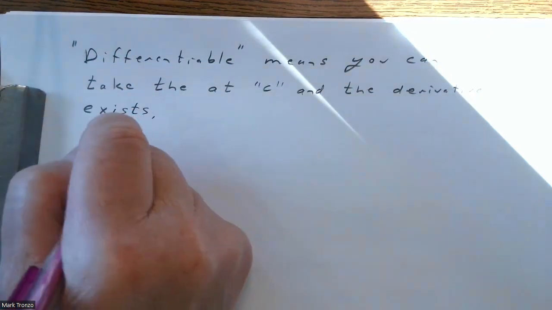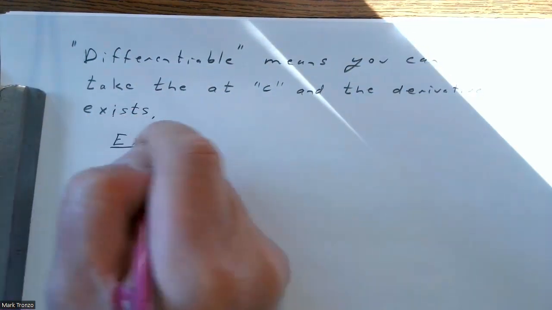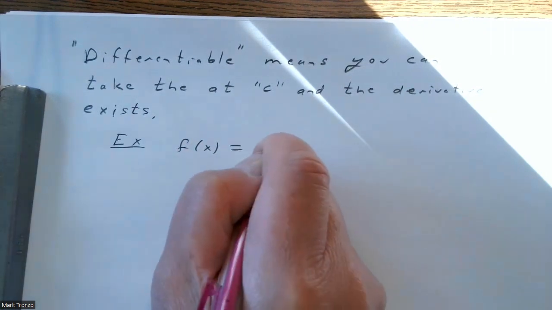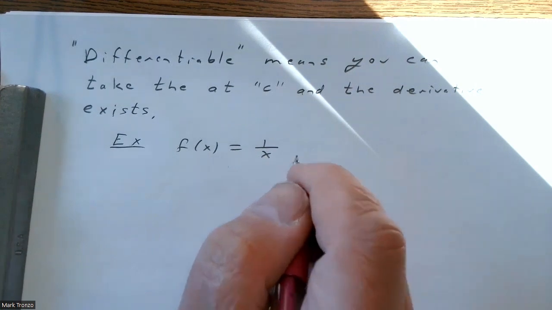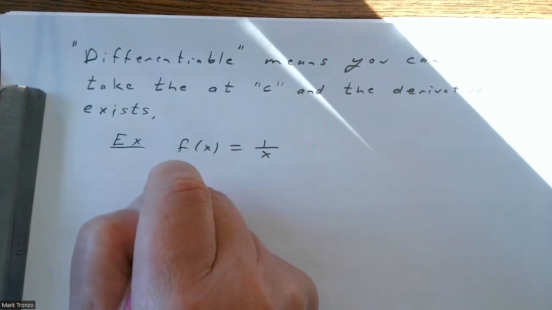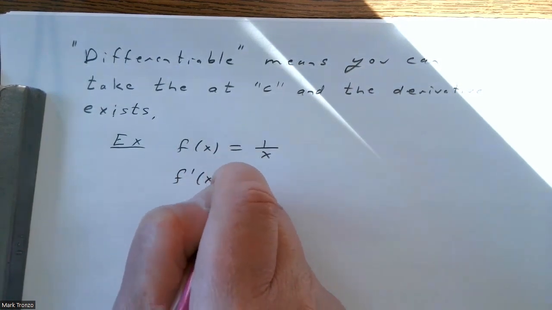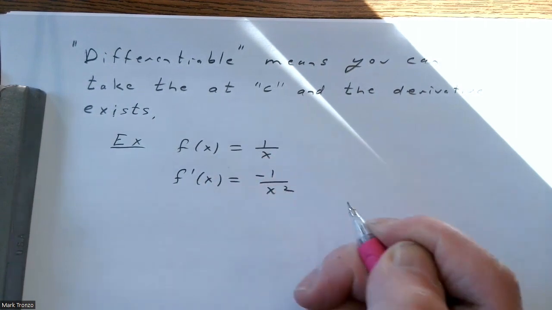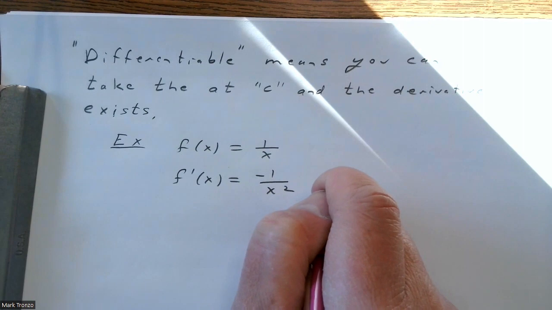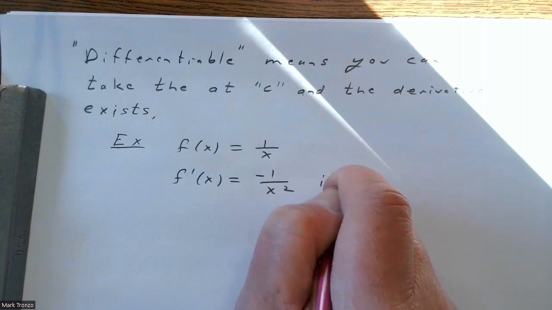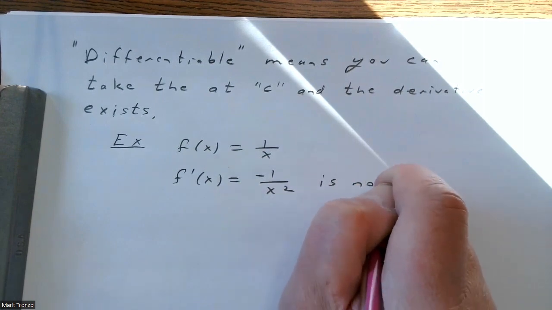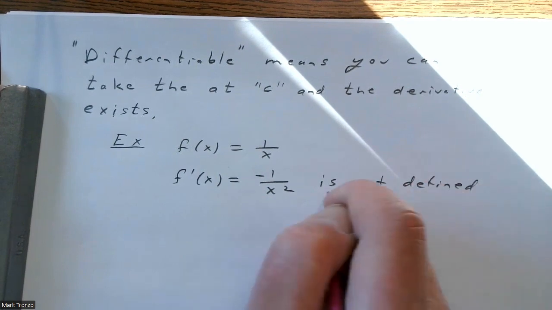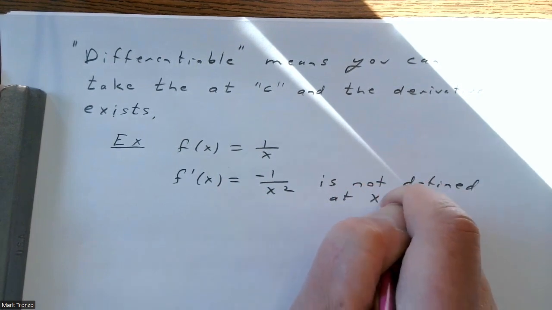So for example, once again, our friend 1 over X is always a good example. If we were to take the derivative of it, we would get what? Minus 1 over x squared, which is not defined at x equals 0.